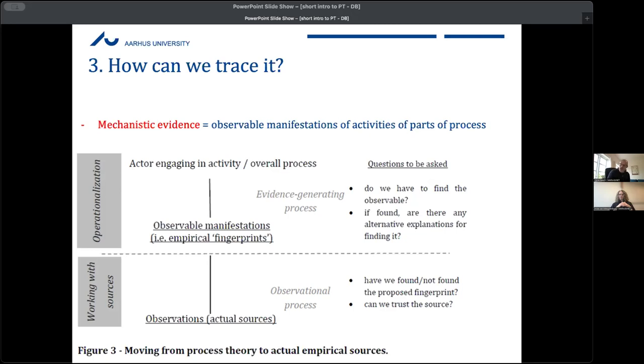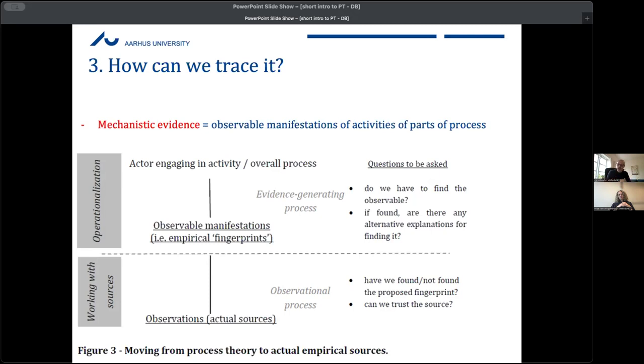But if we go down to the actual observational level and our actual source of that confession, let's say that we elicited the confession through torture. Of course, we cannot then trust that source. So in theory, you might have had a very strong piece of evidence that would confirm the suspect's guilt. But if we can't trust the actual source, then it's not very strong evidence.